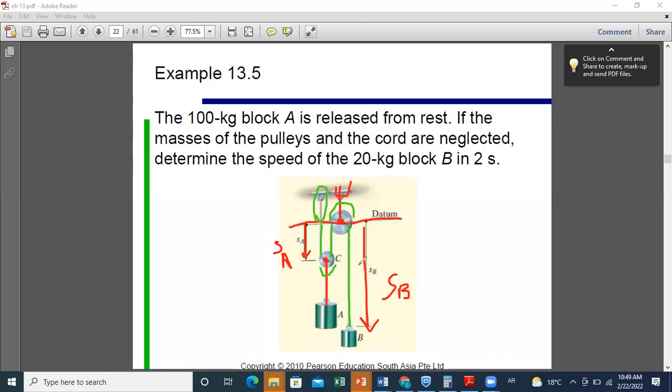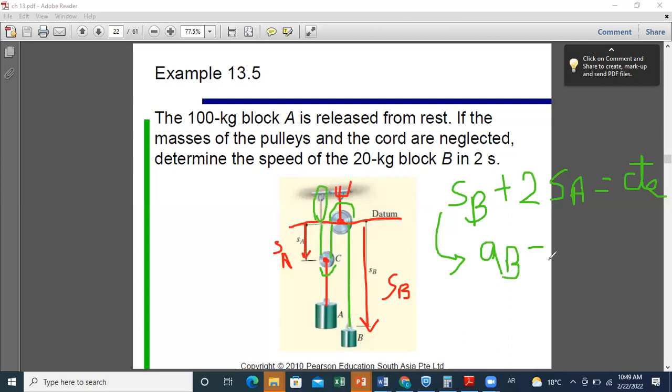So in total, I can write that SB plus 2SA equals a constant. And then if I derive 2 times with respect to t, I get that AB is equal to minus 2AA. Okay, so this is my relation number 2.